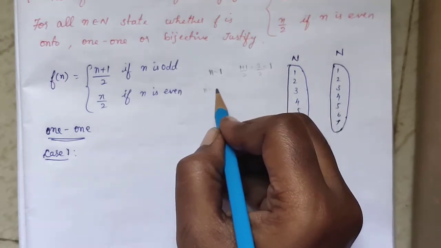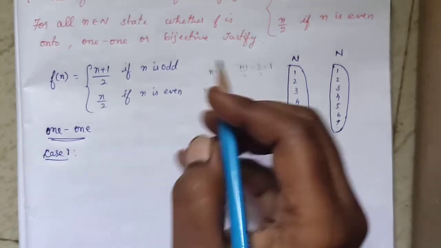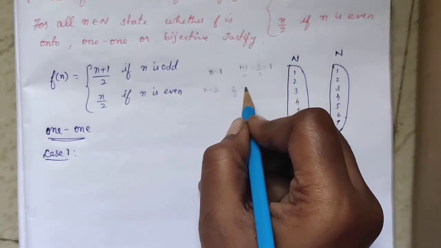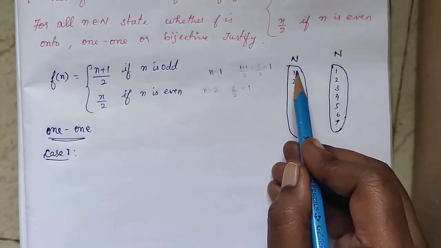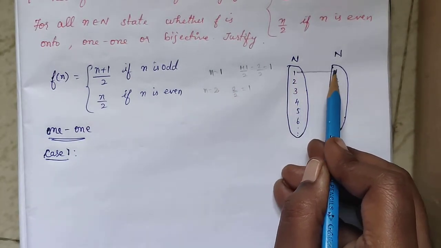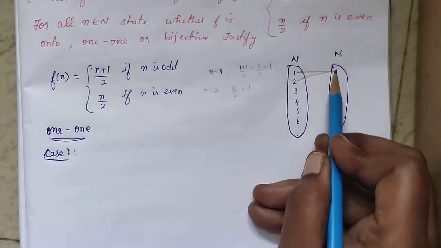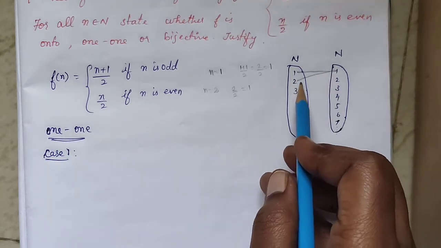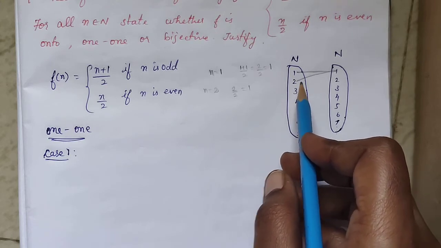Now take n equal to 2. It is an even number, so it is 2 by 2, equal to 1. For n equal to 1 it maps to 1, and for n equal to 2 it also maps to 1. By seeing this itself we can guess whether it is one-one or not.